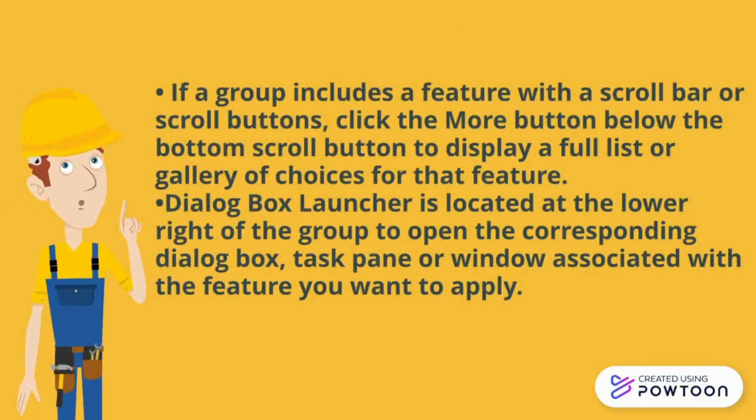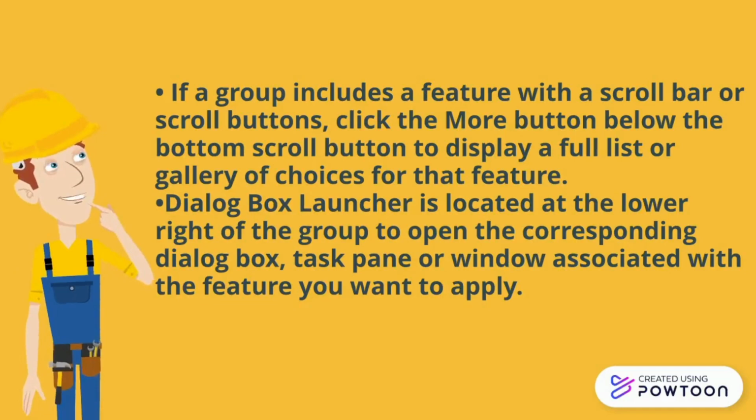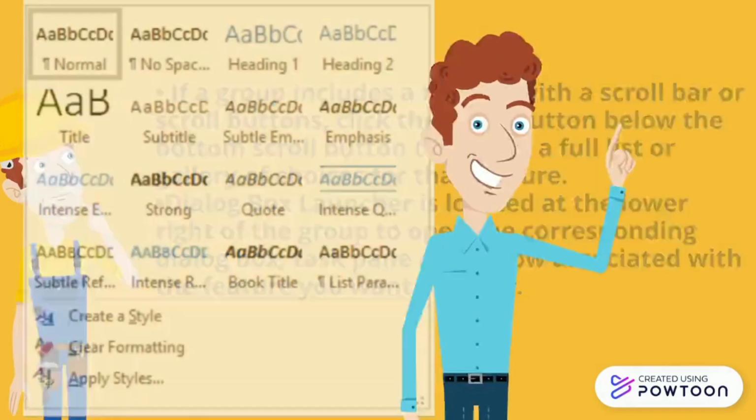If a group includes a feature with a scroll bar or scroll buttons, click the More button below the bottom scroll button to display a full list or gallery of choices for that feature. Dialog box launcher is located at the lower right of the group to open the corresponding dialog box, task pane, or window associated with the feature you want to apply.